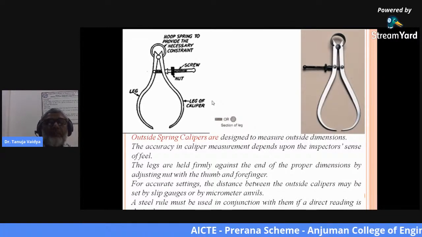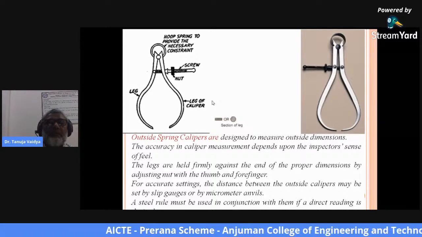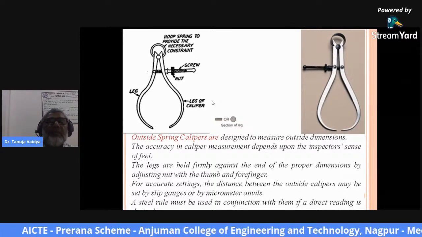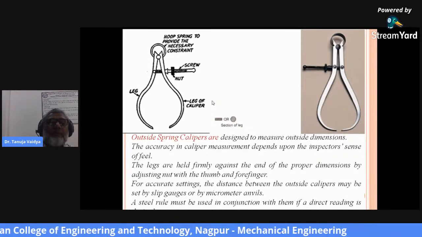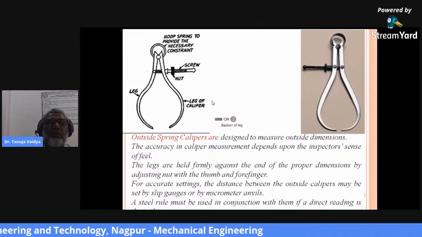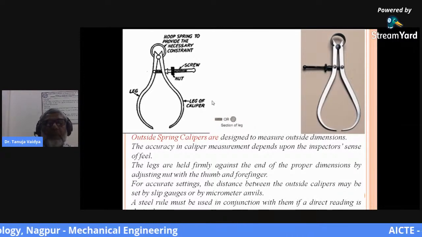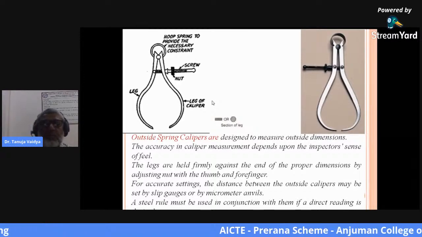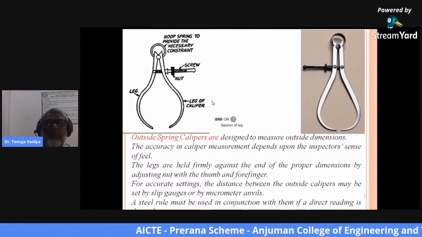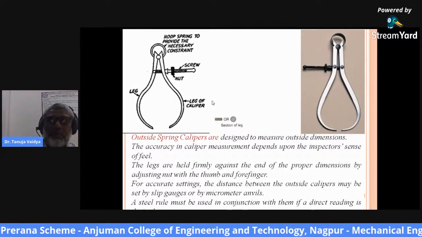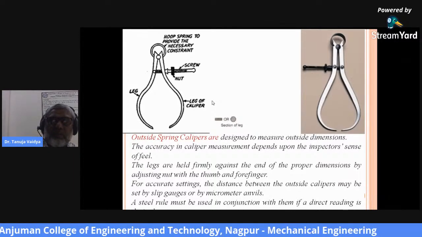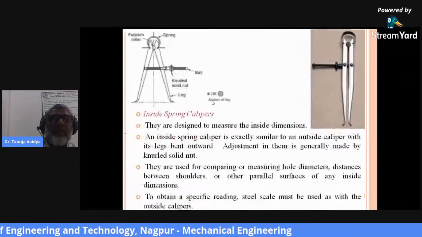Otherwise, extra pressure or extra force will give you a reading away from the accuracy. So most of the time, accuracy of the caliper measurement depends upon the inspector's sense of feel. He must be able to understand how much pressure should be applied and what pressure would be more than enough for measuring the outside diameter.